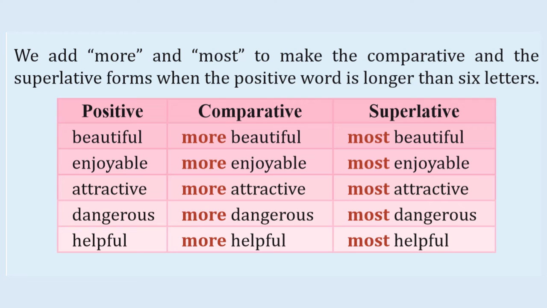Here in this table you can see more examples for adjectives, whose comparative and superlative forms we make by adding more and most. Beautiful, more beautiful, most beautiful. Enjoyable, more enjoyable, most enjoyable. Attractive, more attractive, most attractive. Dangerous, more dangerous, most dangerous. Helpful, more helpful, most helpful.